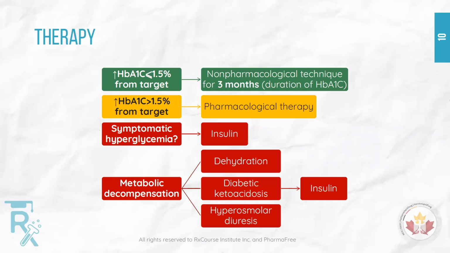If I measure the HbA1c, and it's higher than 1.5% from target, at that point, I have to start metformin. If the patient is showing severe symptoms of hyperglycemia or metabolic decompensation, like diabetic ketoacidosis, and we will talk about that later, I need to give the patient insulin at that point, in addition to the regular oral tablet like metformin.